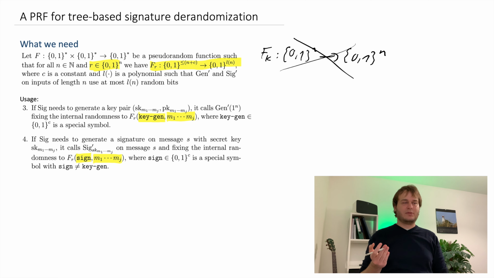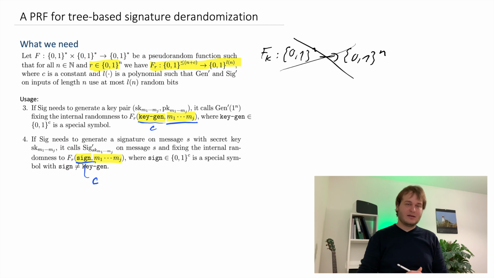As we've talked about before in the previous video, this is like a neat trick to make two random functions out of one random function. So this is why we need the plus c part, because these two constants here have length c. The easiest way to achieve this is just to use c equal 1, and then say keygen is the special symbol 0, and sign is the special symbol 1. This would work. Anyway, that's where the plus c comes from.